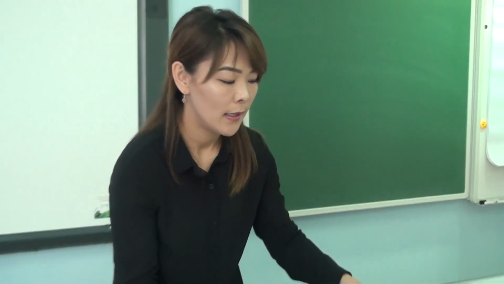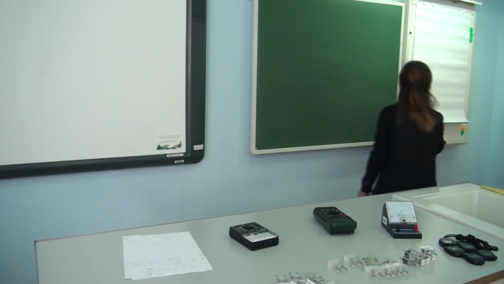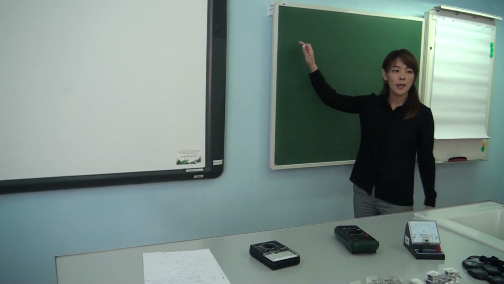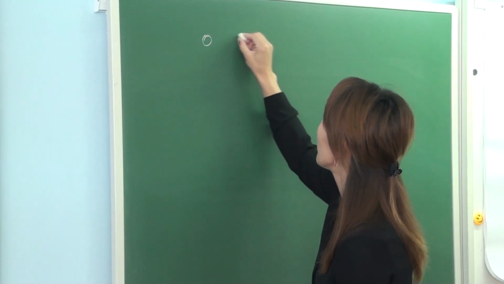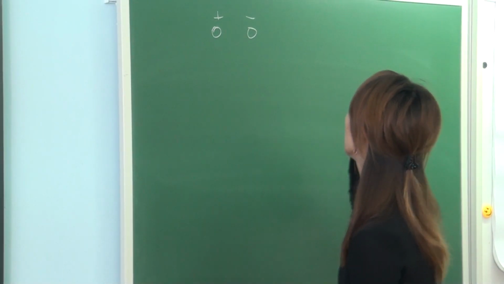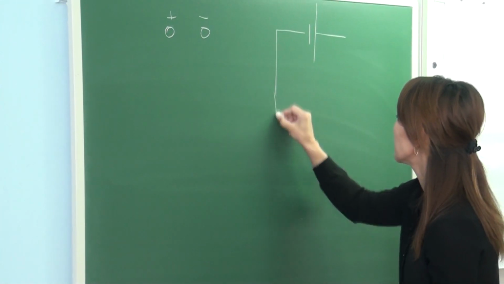Firstly, we use a simple circuit using an ammeter, voltmeter, resistor and the DC supply. I will draw this simple circuit on the board, please. Or you can use this circuit.